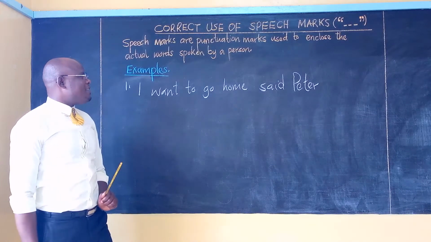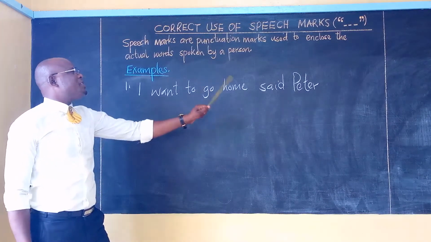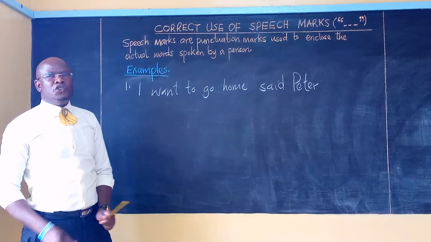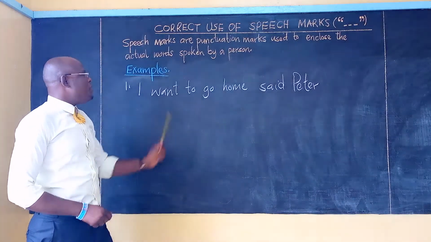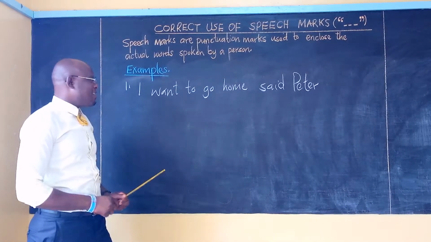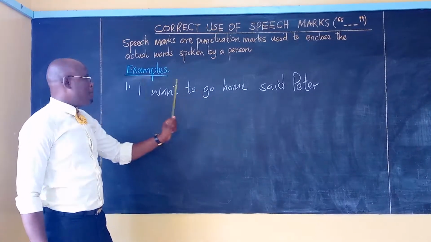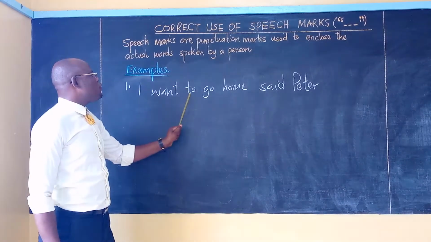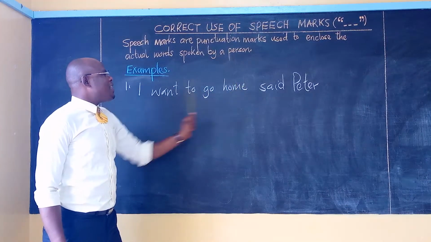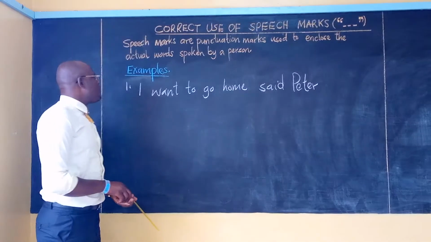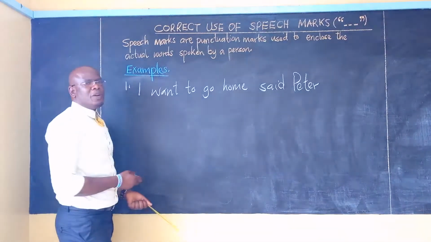Now this sentence is incomplete without the proper punctuation marks, which are for the actual words that Peter said. Peter said, I want to go home. So these are the actual words. So I'll put my punctuation marks.